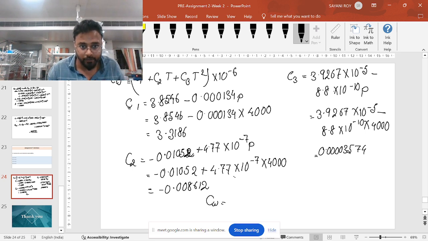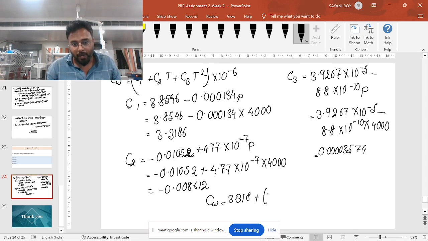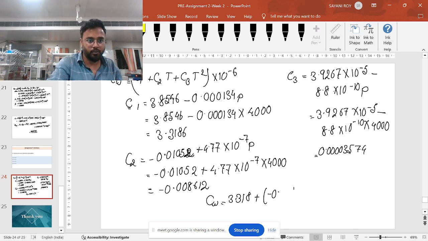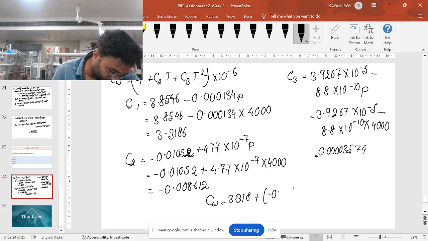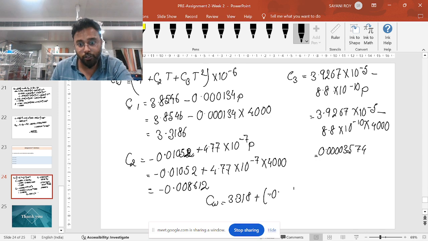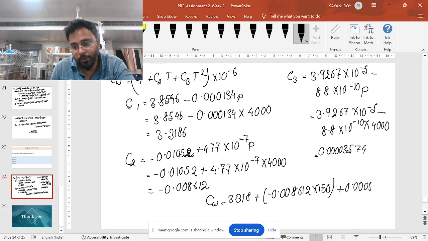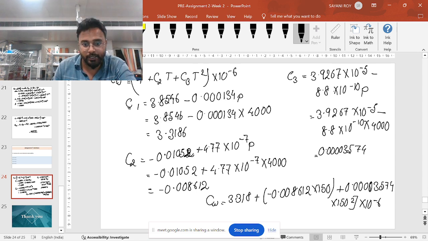So if you calculate all this, the Cw should come out as C1, which is 3.3186, plus minus 0.008612 into 150, plus 0.0003574 into 150 square, and into 10 to the power minus 6.